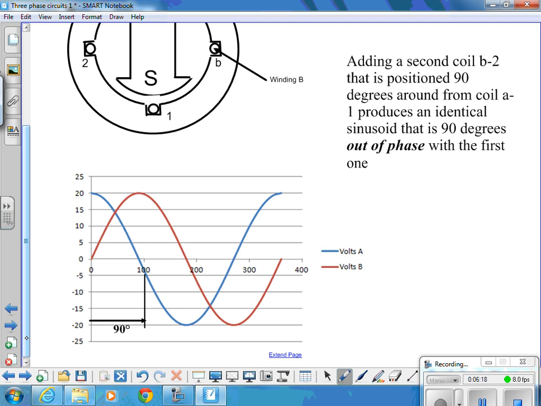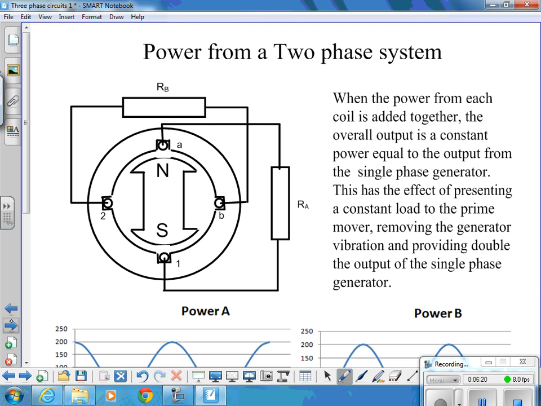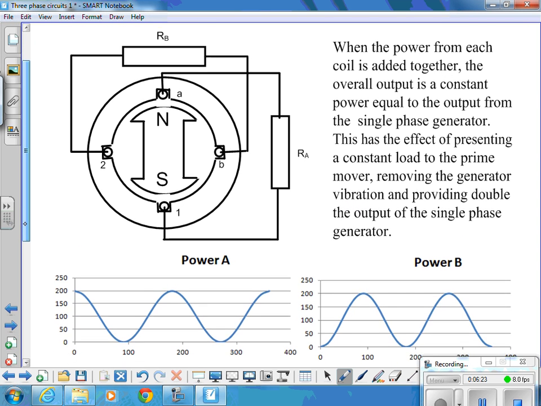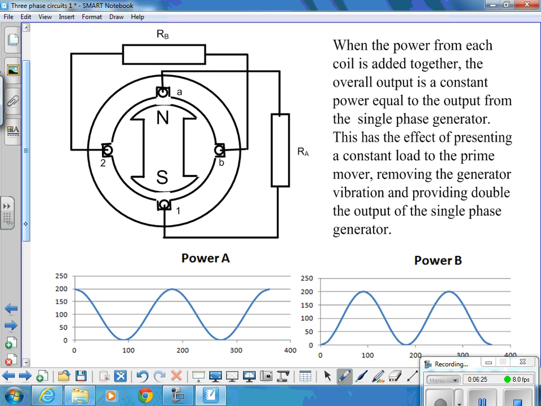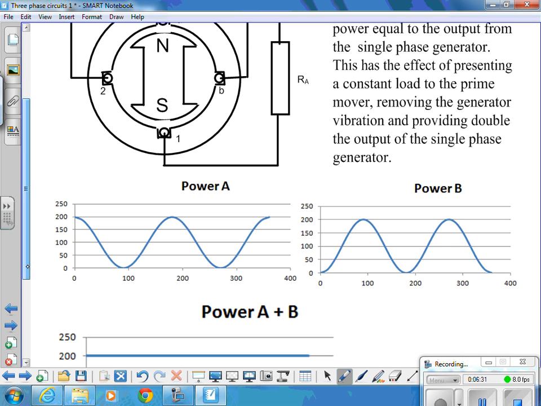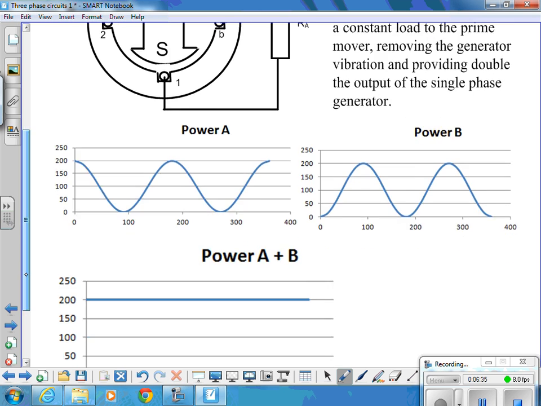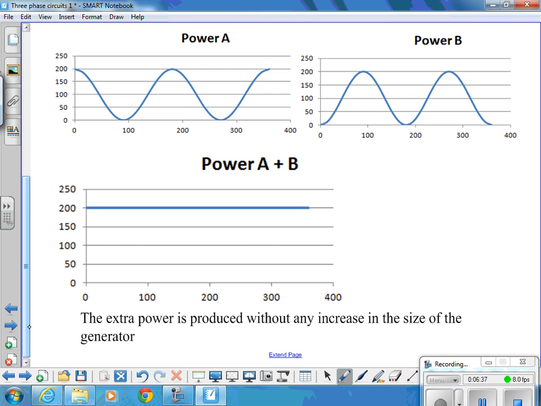If we plot the power for that, so we connect a similar load, RA and RB, to each of those windings, what we get is a power curve for winding A and a power curve for winding B. If we take the total power at any instant in time, i.e. add those two together, we get a straight line at 200 watts.